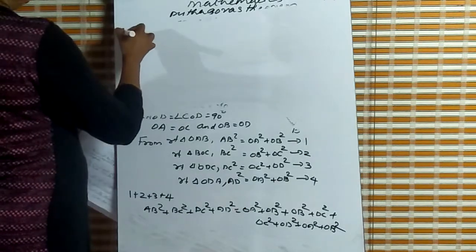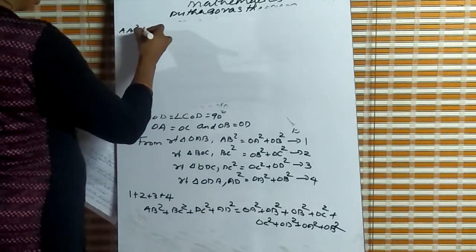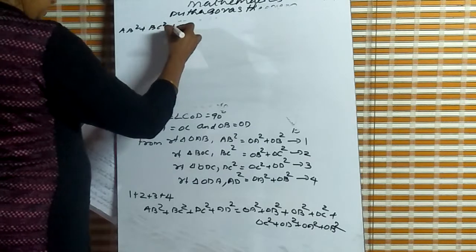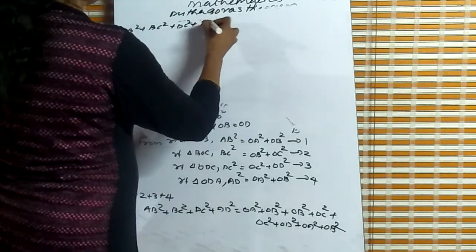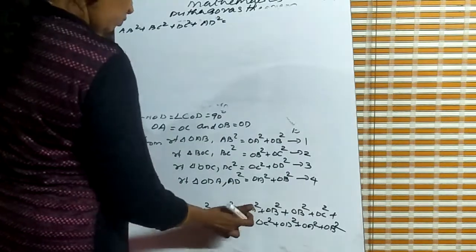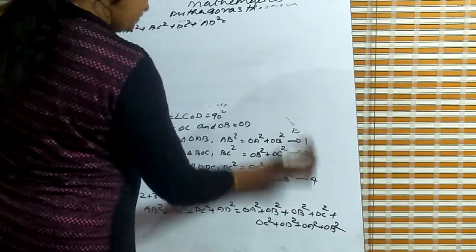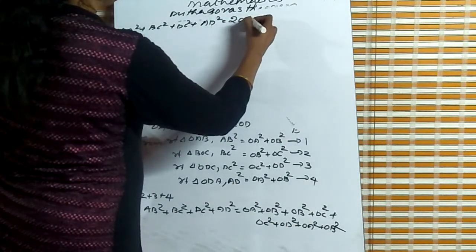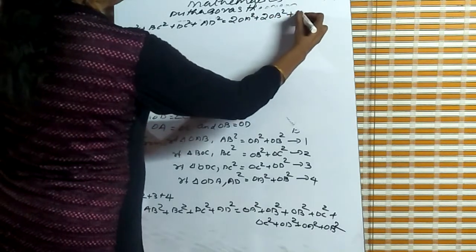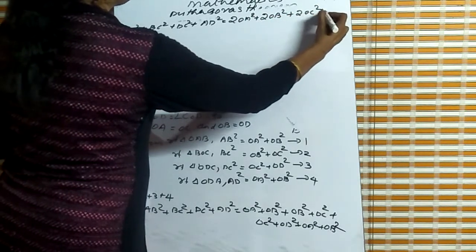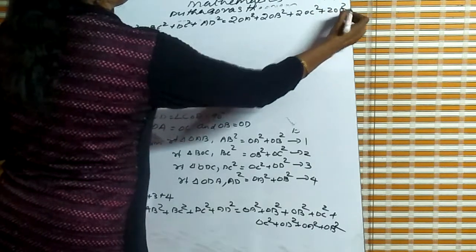That equals 2OA square plus 2OB square plus 2OC square plus 2OD square.